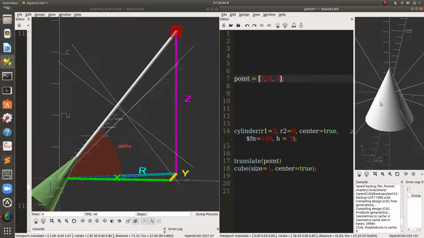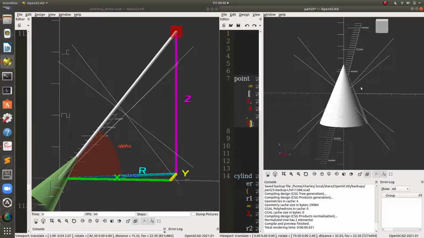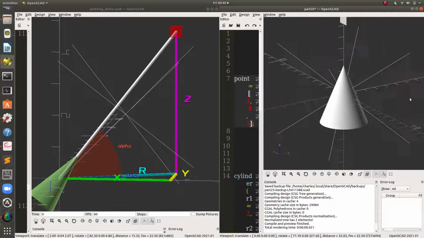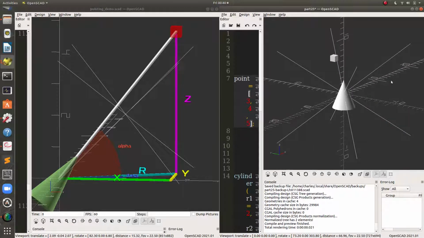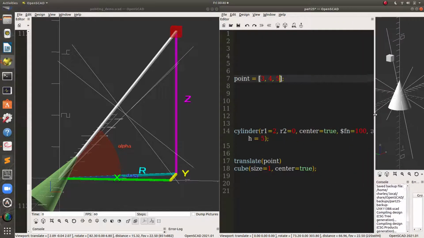So I'm going to rotate this cone around the y-axis so that it's pointing in the positive x direction. So this is the x-axis. We want to rotate the point of the cone to be pointing towards the positive x-axis.